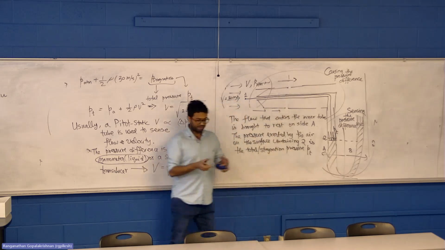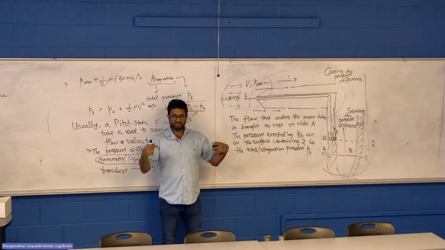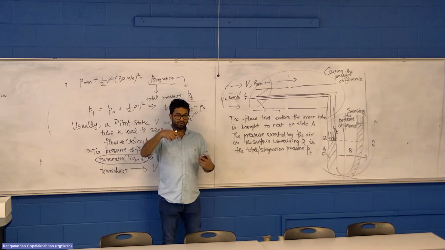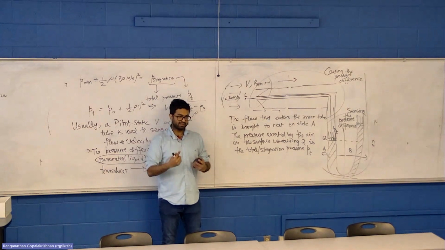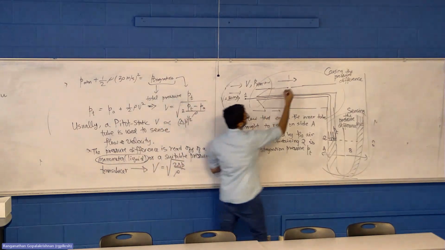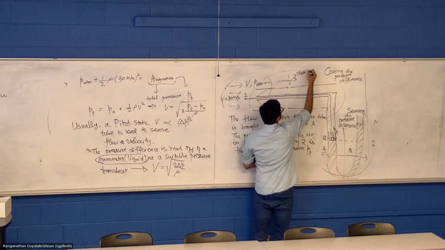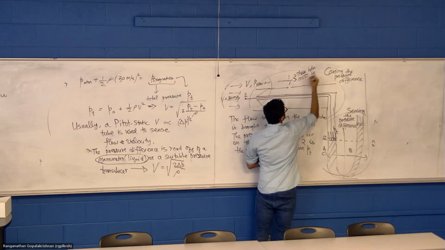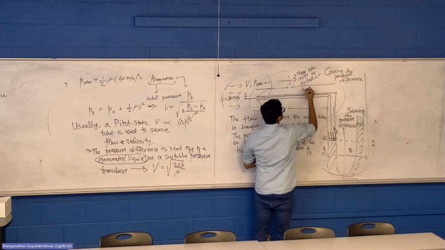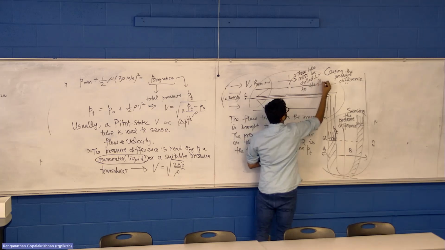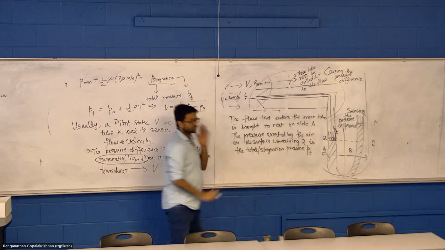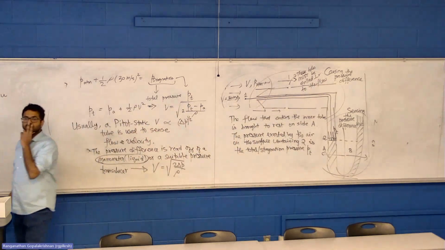If you have a tube, imagine punching 2 holes or 4 holes or 6 holes, or there can be many. Essentially, these holes must be drilled perpendicular to the flow. Why perpendicular?